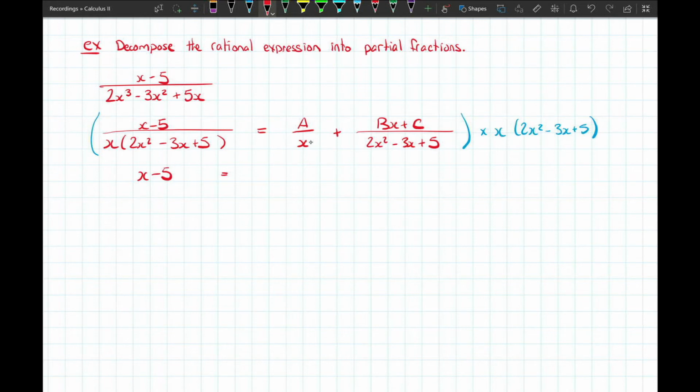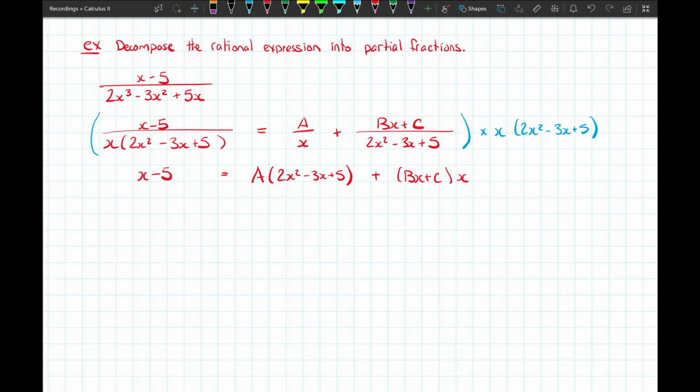But this second rational expression, A over x, when we multiply by x, the x's cancel, and we'll have just A times 2x squared minus 3x plus 5. And then this last rational expression, the quadratics are going to cancel, and we should just have the numerator Bx plus C multiplied by x. At this point in time, we don't have to worry about any denominators. There are no more rational expressions, and we can start expanding things out.